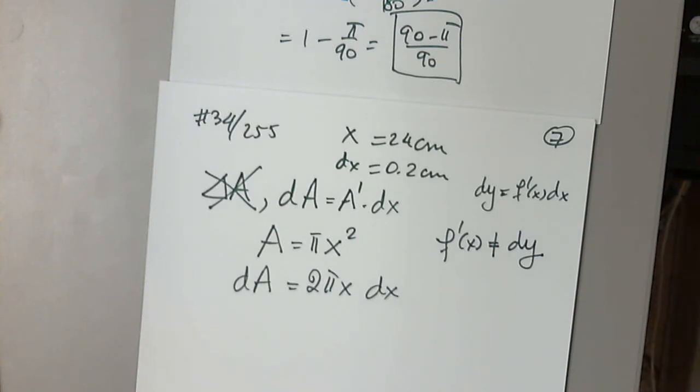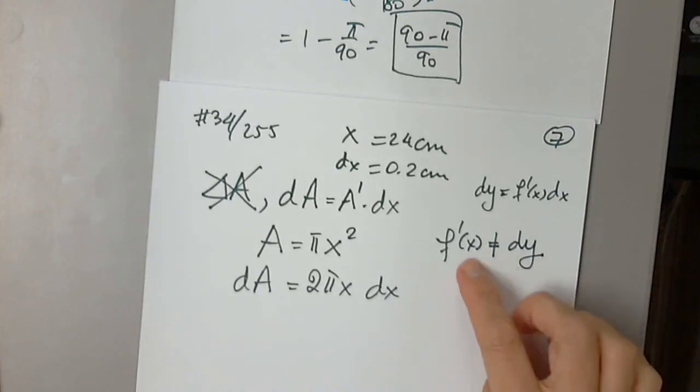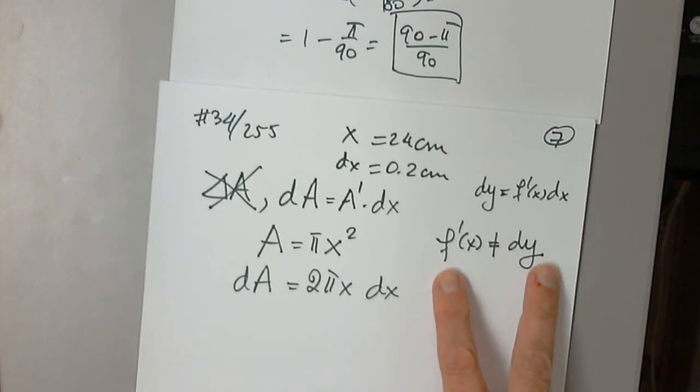F prime is f prime. dy is f prime of x times dx. So dA is A prime times dx. dy is the differential of y, f prime of x is the derivative of the function, or the derivative of y if you want. So they're not the same.